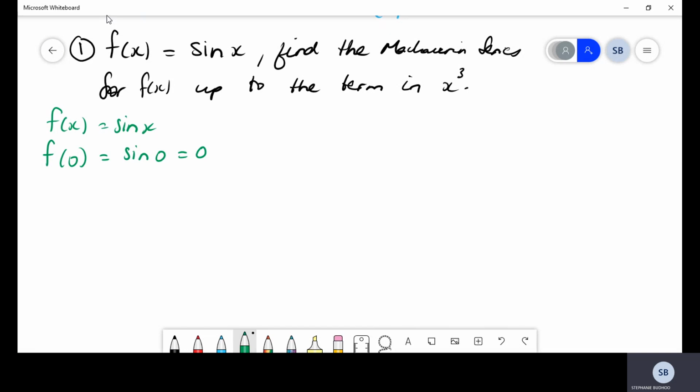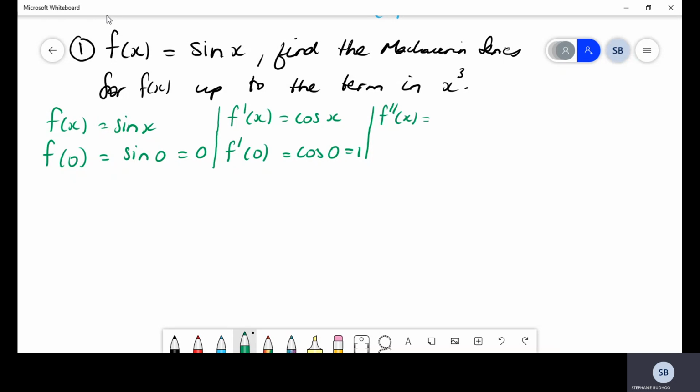And I'm going to get into my first derivative and see what happens. I think I'll put it side by side. The first differential of sine gives us cos of x. And does my differential exist at 0? Let's test it. Well, cos of 0, yes, it does have a value. Cos of 0 is 1. Let's continue to the second derivative.